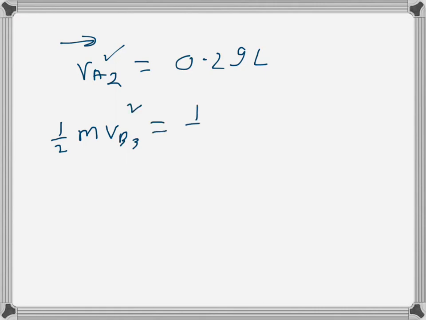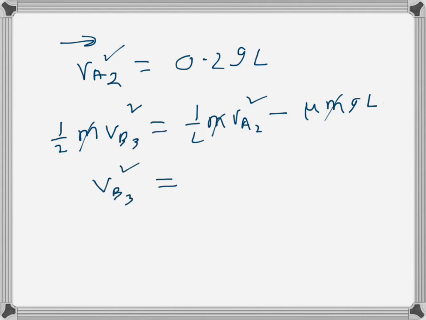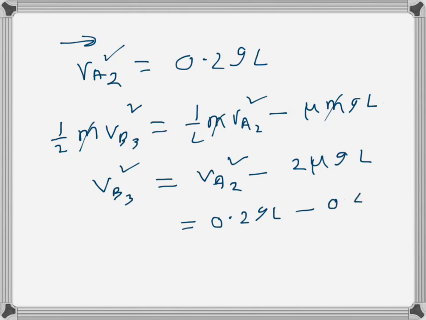That would be half m VA2 square minus mu mgL, and we can see m is getting cancelled, and multiplied by 2 both sides, VB3 square is becoming VA2 square minus 2 mu GL. Now VA2 square is 0.2 GL, but this one is 2 times 0.2, so 0.4 GL. So this is becoming minus 0.2 GL.